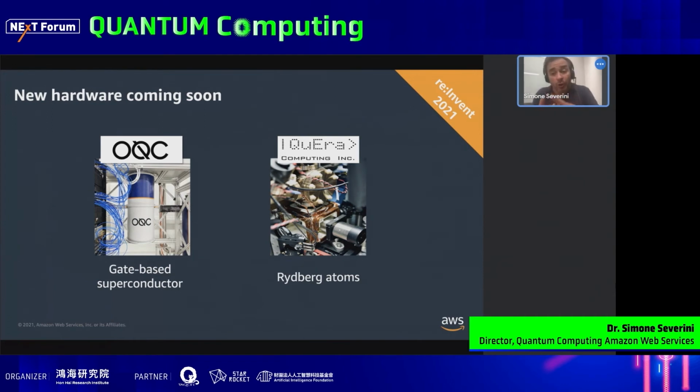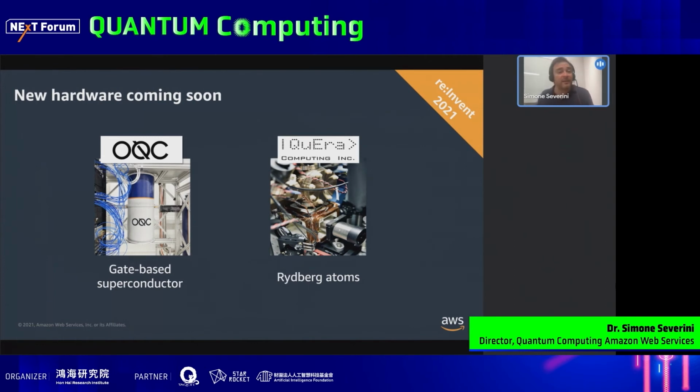And QuEra is a startup in the Boston area, close to Harvard and MIT, and they built a different type of processor based on Rydberg atoms, neutral atoms. This is well suited for simulating a variety of natural systems and for working in something called analog Hamiltonian simulation. And there is already exciting research in that field.